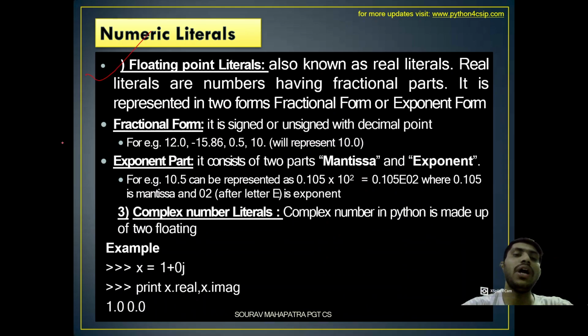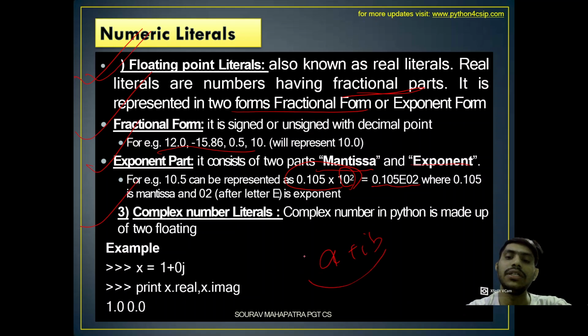And floating point. After integer literal, the floating point part is there. It has two forms: fractional form and exponent form. The fractional form should have some fractional part. The exponent form has an exponent sign. You can see 0.105 times 10 to the power 2 is written as 0.105E02. Then the last one is the complex number, in the form of a plus bj.